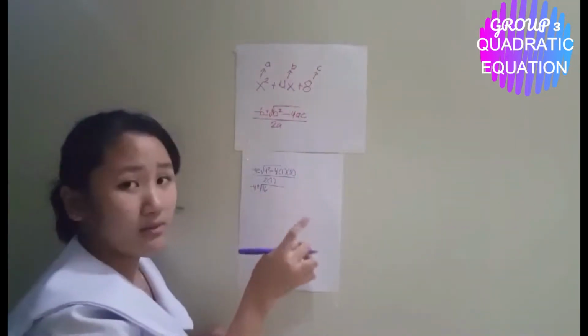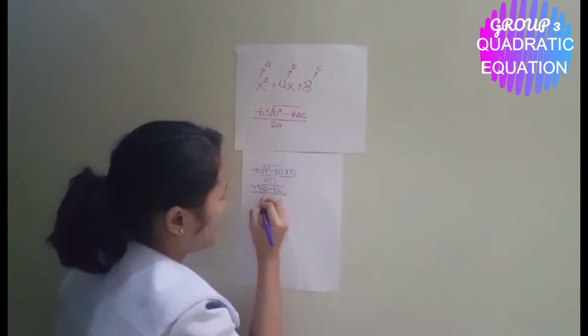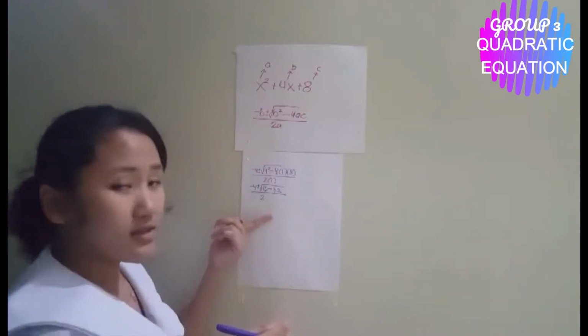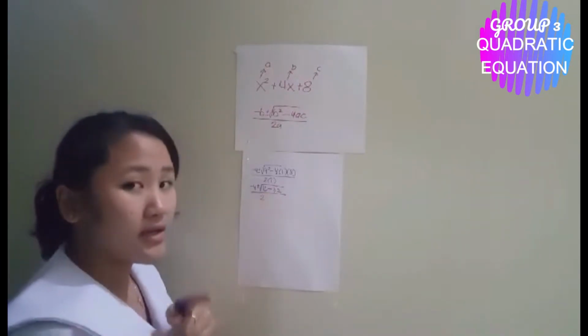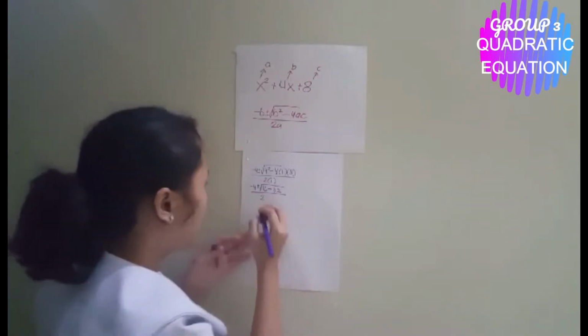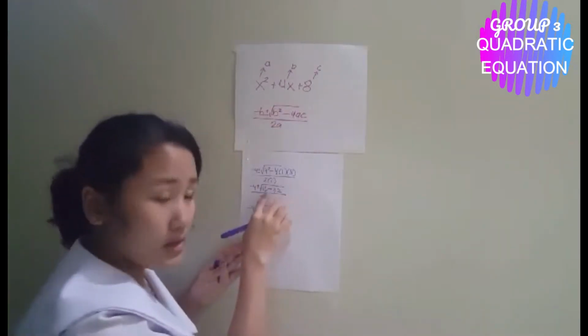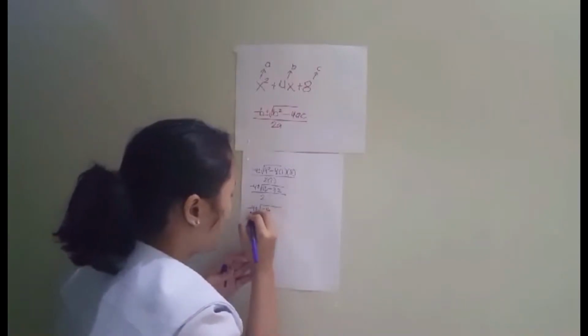So 4 times 8 equals 32, negative 32, over 2. Okay, so the next thing you're going to do is subtract 16 minus 32, which is negative 16, over 2.